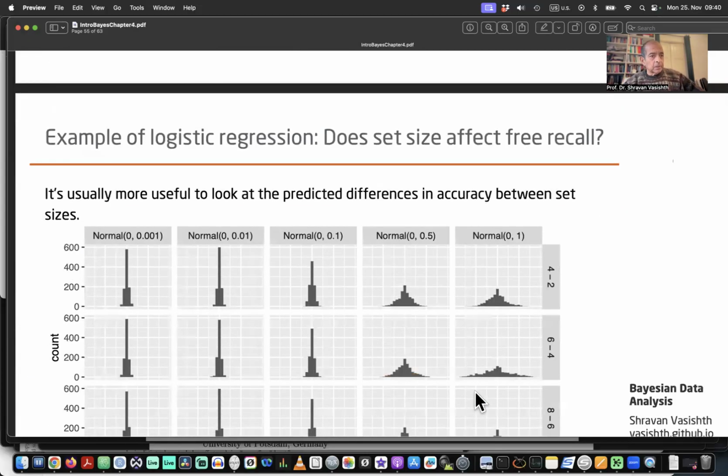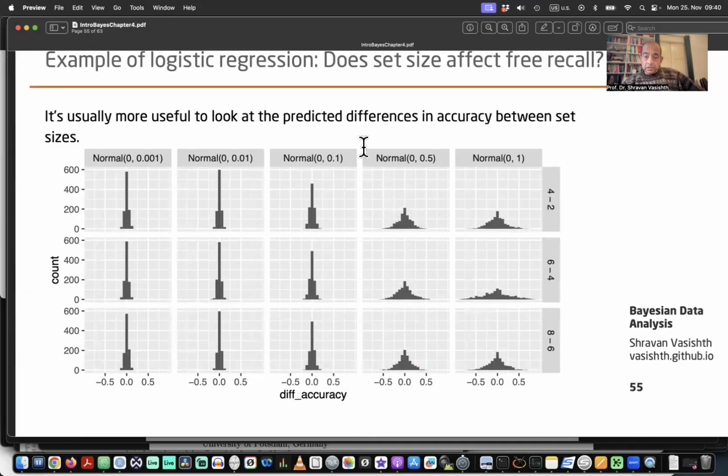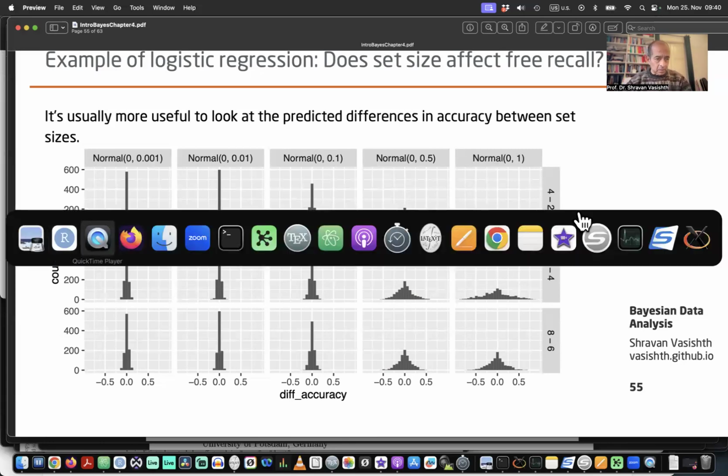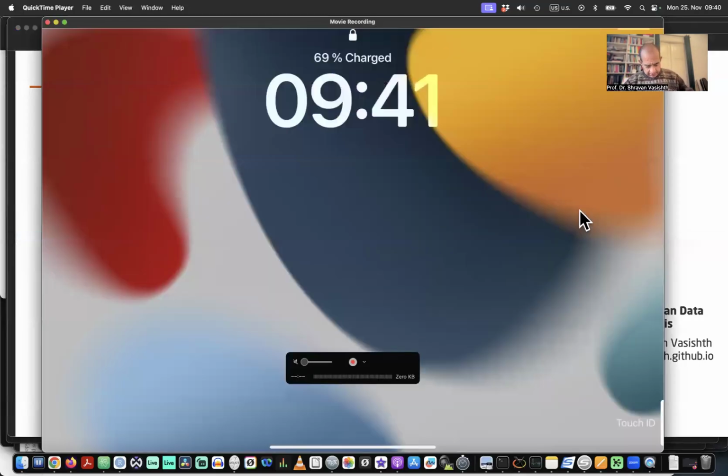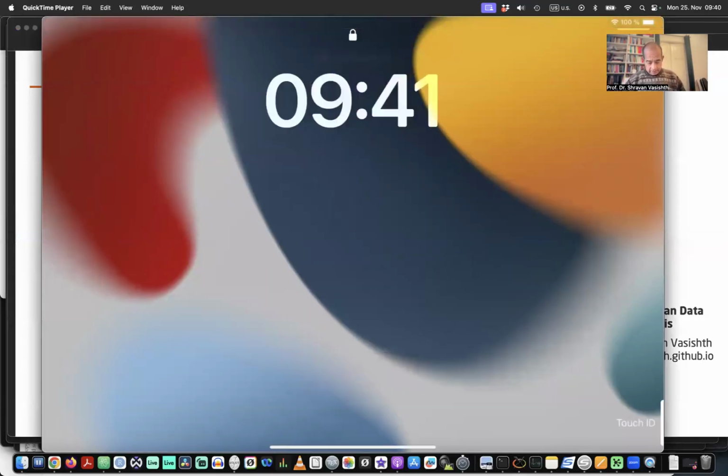Okay. So one can also use the prior predictive distributions to study, for different prior specifications for beta, what the predicted differences in accuracy would be between different set sizes. So usually, when you're studying a problem like this, what we are scientifically interested in is something like this. Just let me sketch it out.